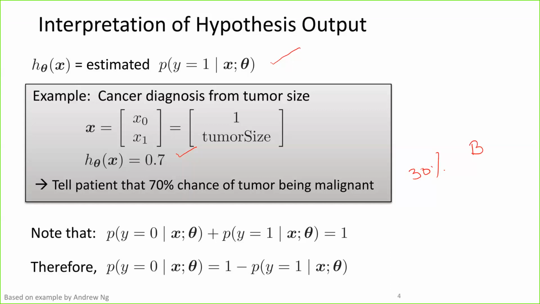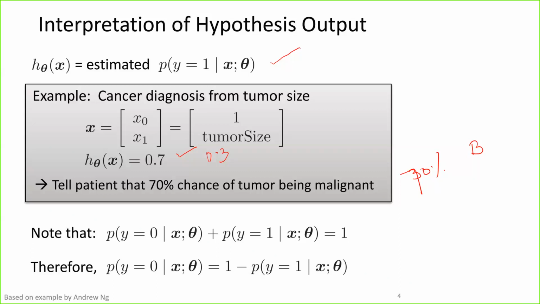If the hypothesis is 0.3, you are telling the patient there is a 30% chance of the tumor being malignant and a 70% chance of it being benign. That is the interpretation we give to this hypothesis.